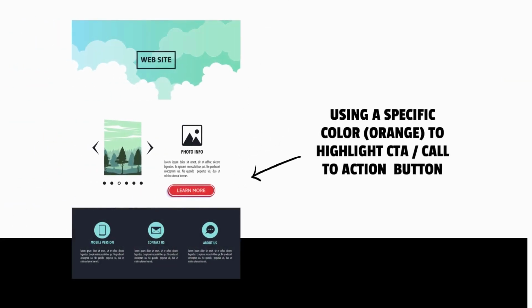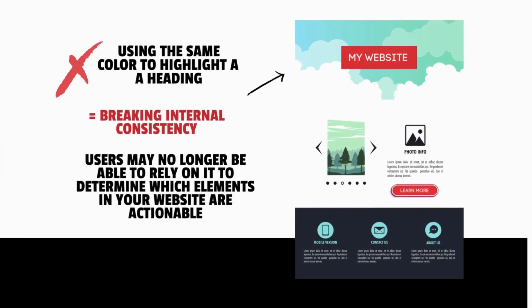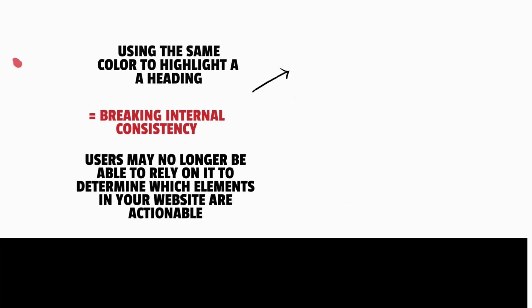For example, if you decided to use a specific color or shade to highlight actionable elements, things like call to action buttons, and then you decided to use the same color to highlight a static heading, you'd be breaking the internal consistency of your website. That might be a problem because it violates the established meaning of the visual treatment.